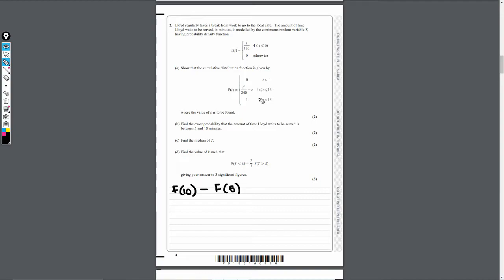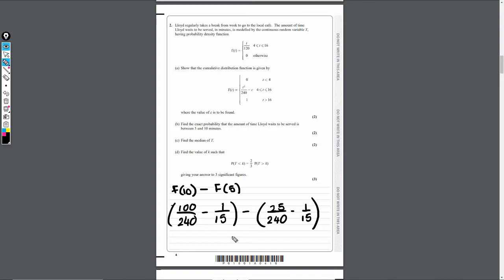If we do that, I'll do it separately in a bracket: 100 over 240. Remember t squared, so t being 10, 10 squared gives me 100, so 100 over 240 minus 1 over 15. And then we minus, again just plug 5 in: 5 squared is 25, over 240 minus 1 over 15.